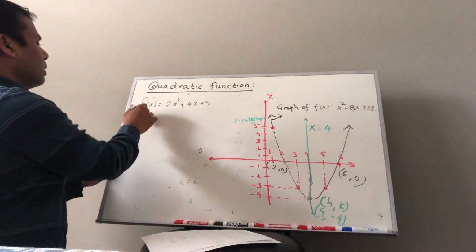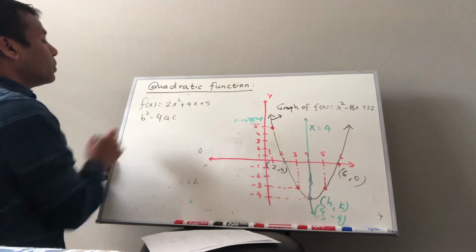You know why? You simply find b squared minus 4ac.